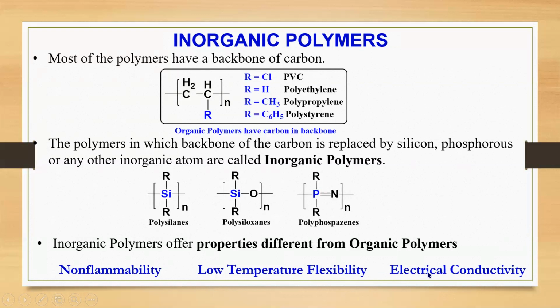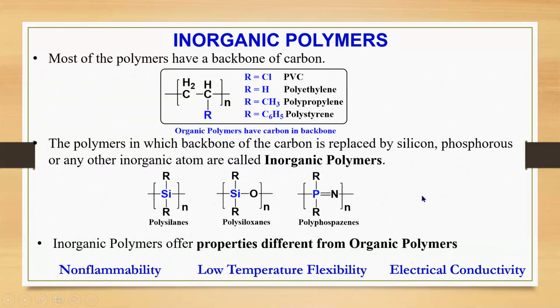Inorganic polymers have phosphorus, which always has electrons, so the electrical conductivity is there. Obviously this property is the same as in conducting polymers, but here again they have good electrical conductivity. They can be used at certain places where flammable organic polymers cannot be used. These inorganic polymers can be used.